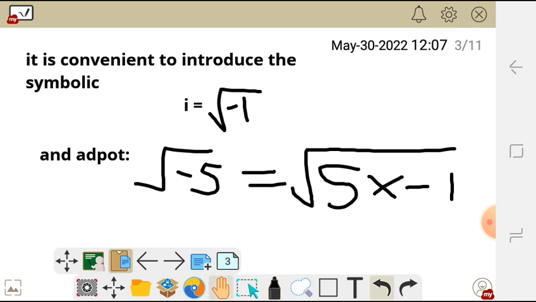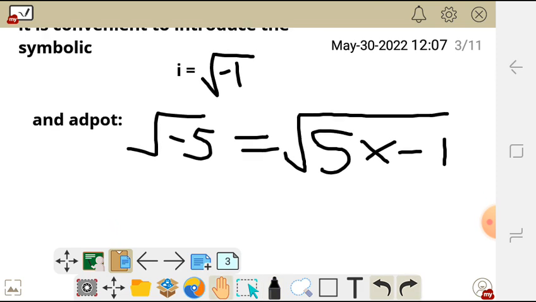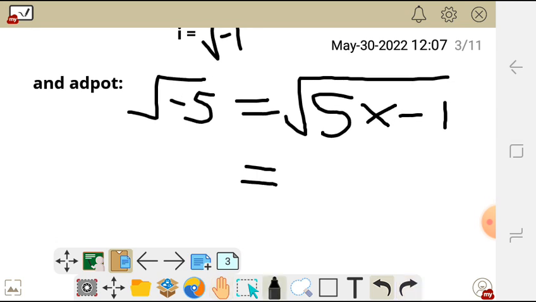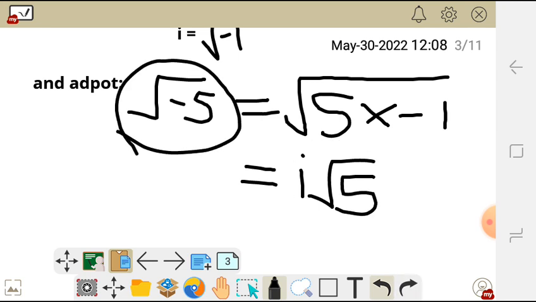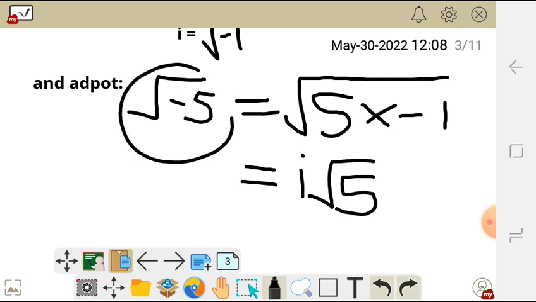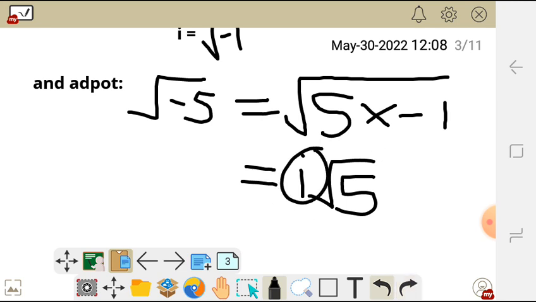Since they introduced this i, which is equal to the square root of -1, then our square root of -5 can be written as i, which is the square root of -1, multiplied by the square root of +5. So we just expressed this pure imaginary number in this form, where i is the square root of -1.